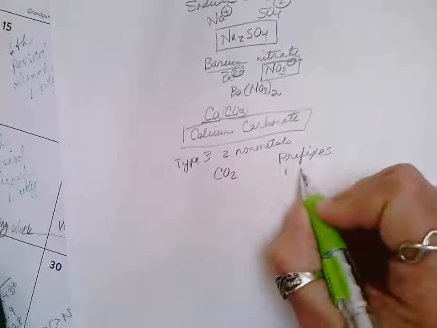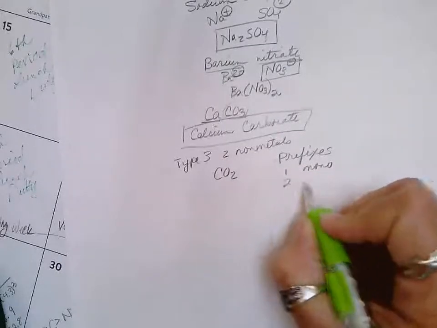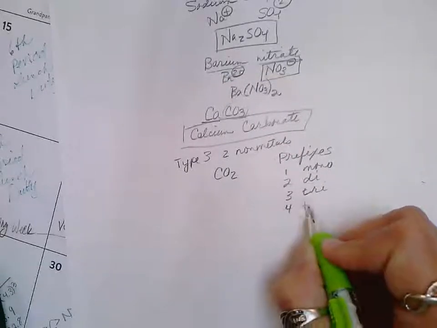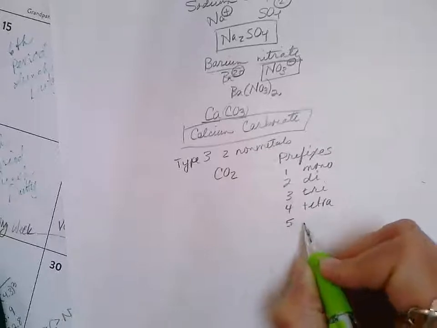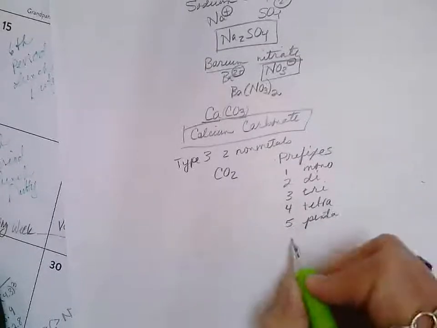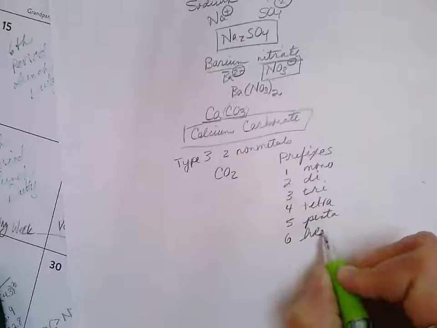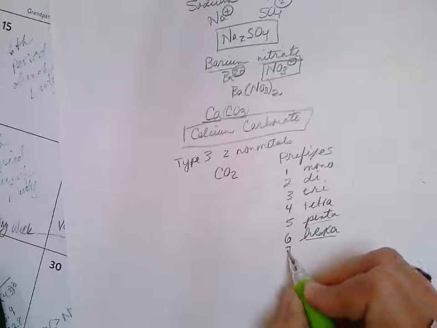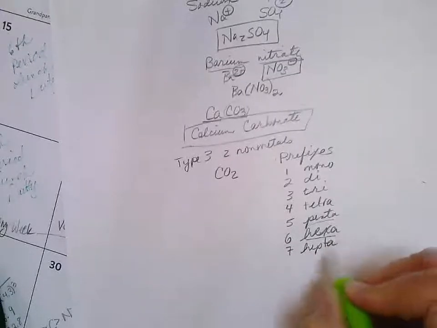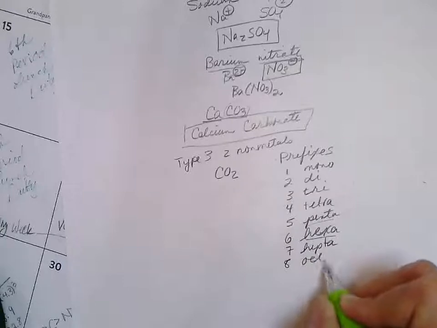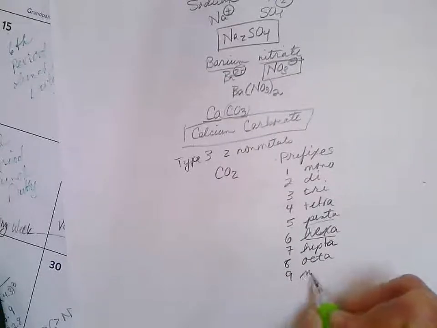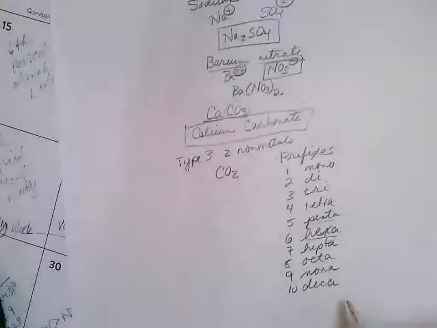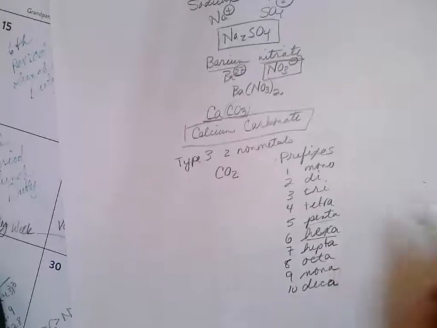And so 1 would be mono, 2 is di, 3 is tri, 4 is tetra, 5 is penta, 6 is hexa. These should start to sound familiar because these are coming from geometry, right? 7 is hepta, 8 is octa, and 9 would be nona, and 10 would be deca. We rarely see these higher ones, but it is possible.